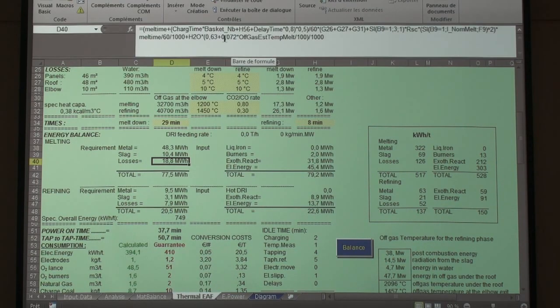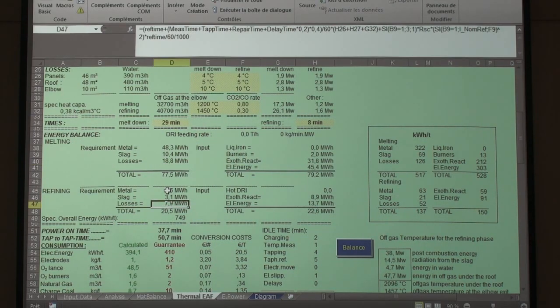Because water is liquid in the scrap and then has to be put into steam, and then from the steam at 100 degrees to the off-gas temperature.